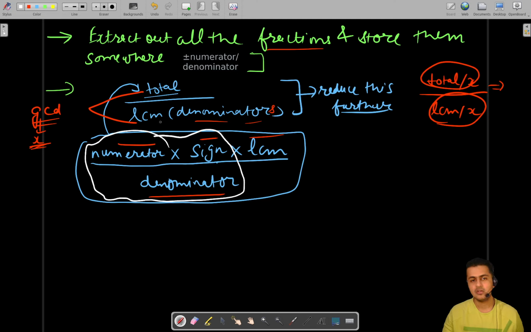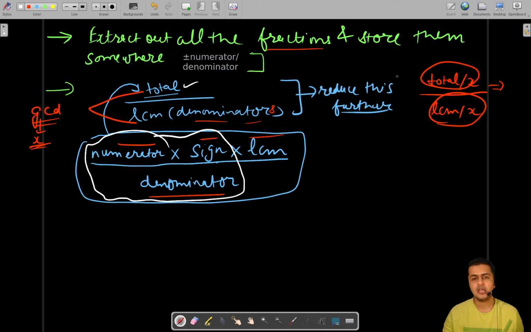So this is what you will be doing, and then you will be simply adding these things into a variable total, and then you will be dividing this total by the LCM. So in a way you can say that you will be having the actual fraction, and then you will reduce this fraction by finding the GCD.